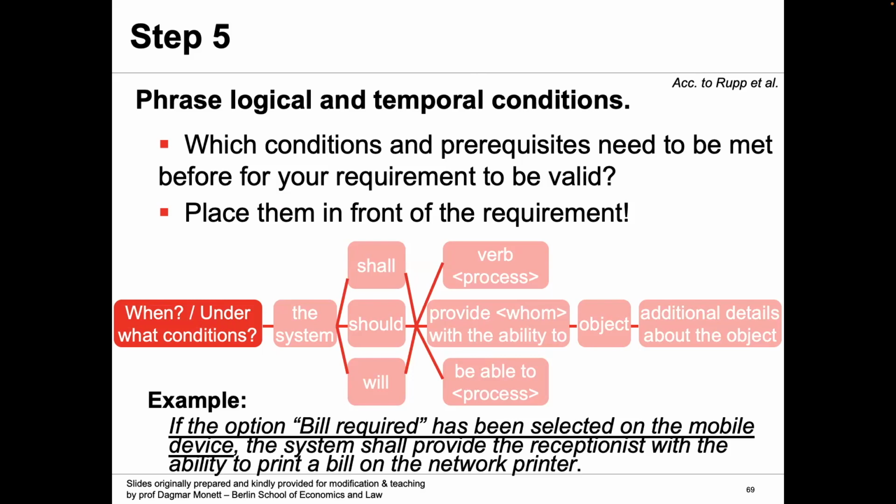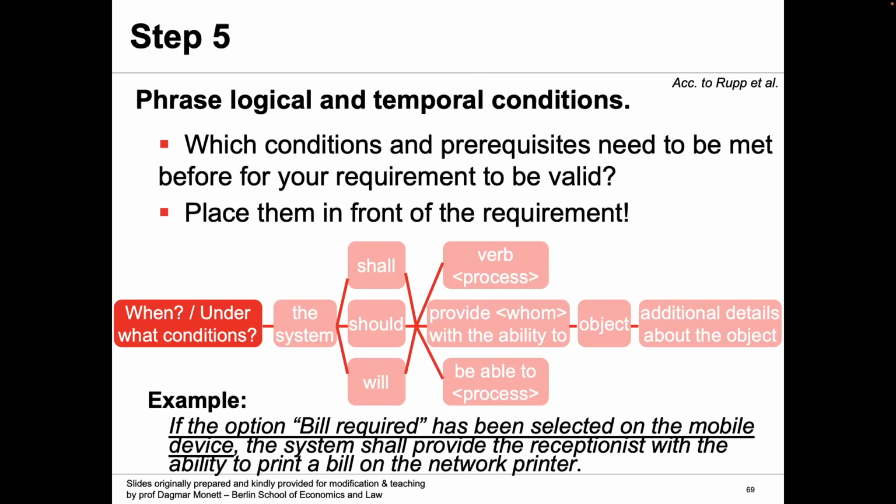So the example would be, if the option bill required has been selected on the mobile device, the system shall provide the receptionist with the ability to print a bill on the network printer. I hope it's easy for you to comprehend that we are just adding more and more layers to it, just to make the requirement as clear, correct, and unambiguous as possible.